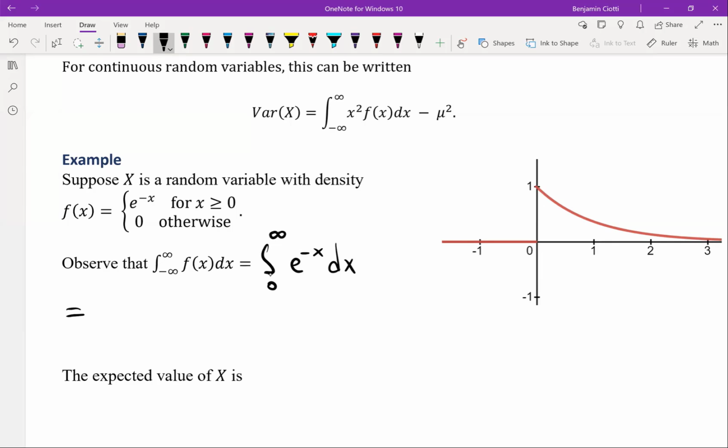Let's see, this is not that hard to integrate. That's negative e to the negative x evaluated from x equals 0 to infinity.